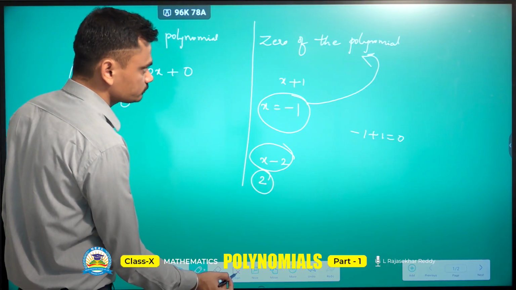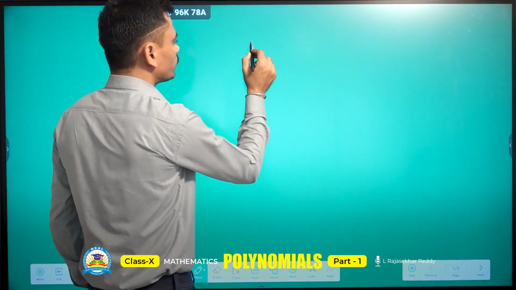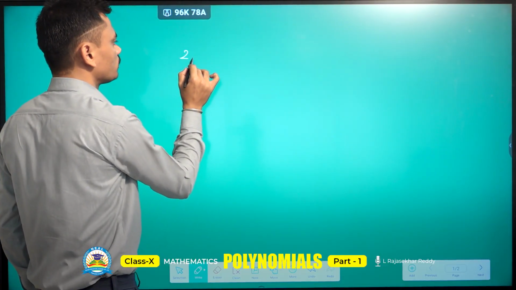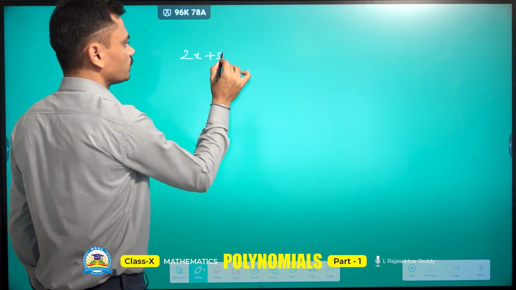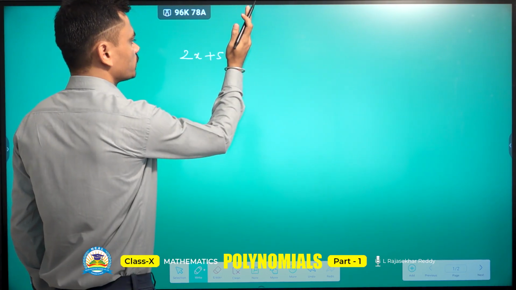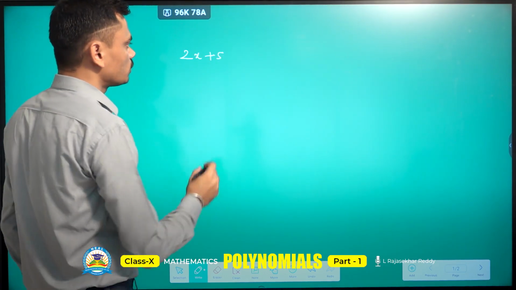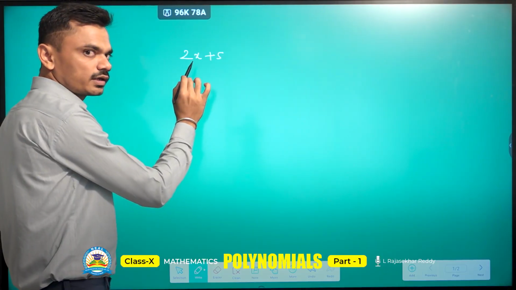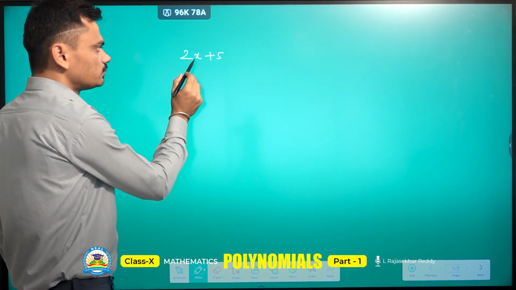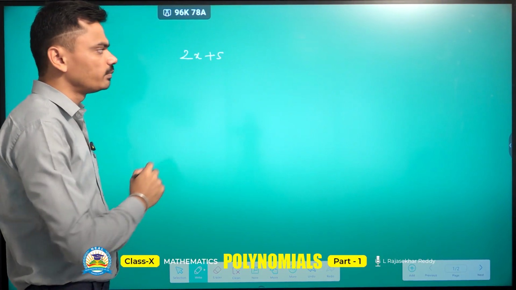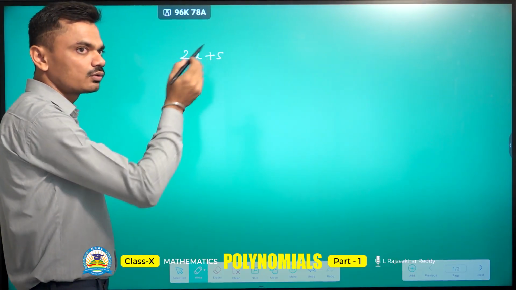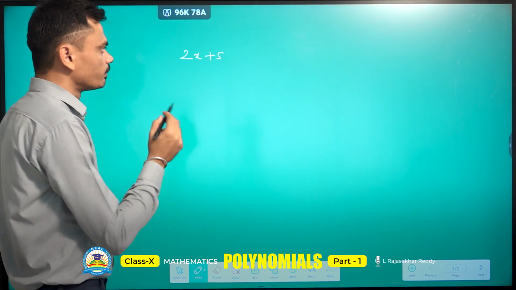Sometimes, find the 0 of the polynomial 2x plus 5. So here we need to find the x value. In place of x, what do we have to write to get the total result 0? Simple.